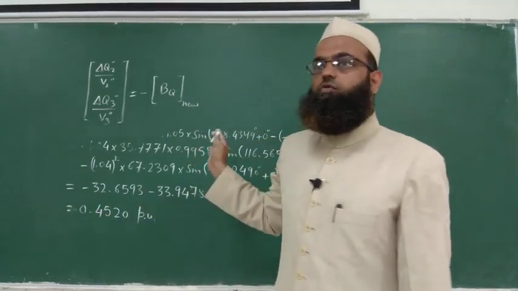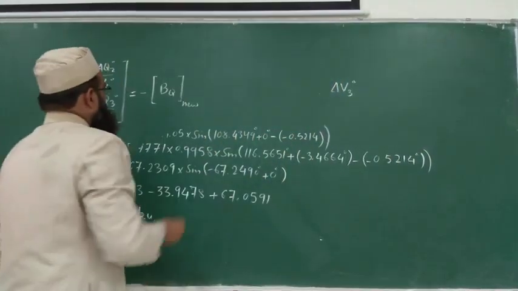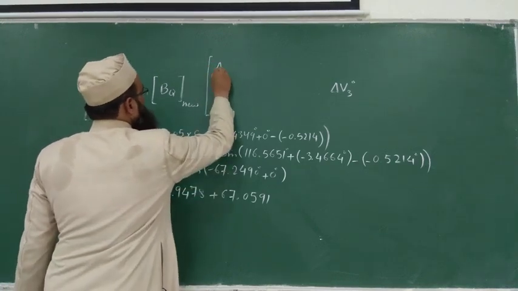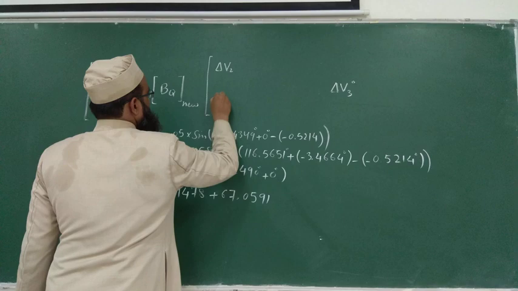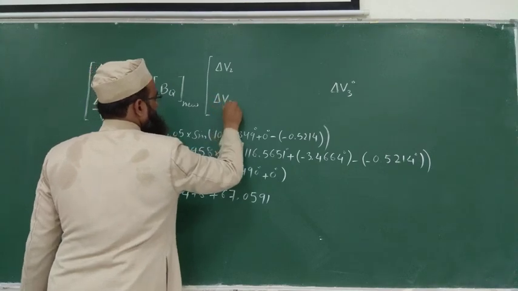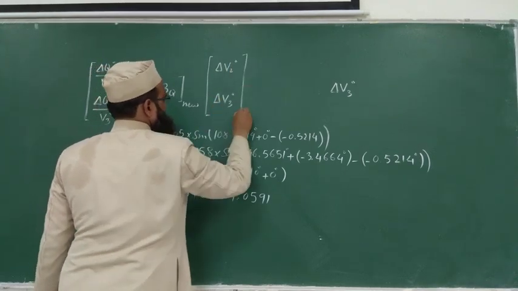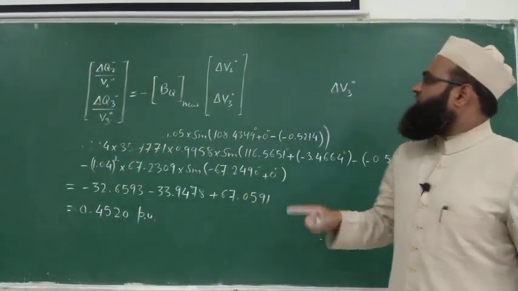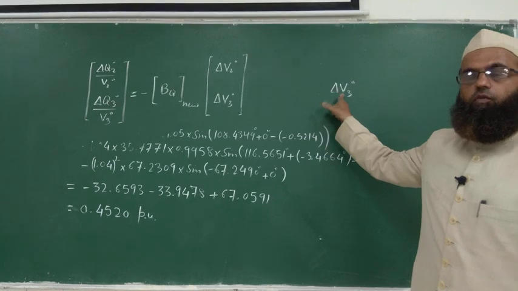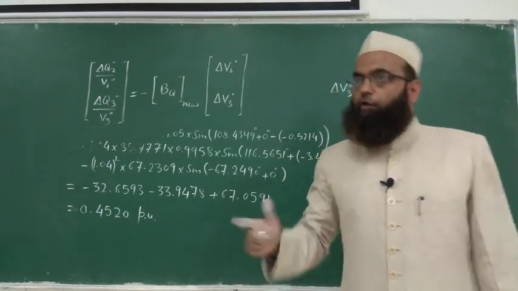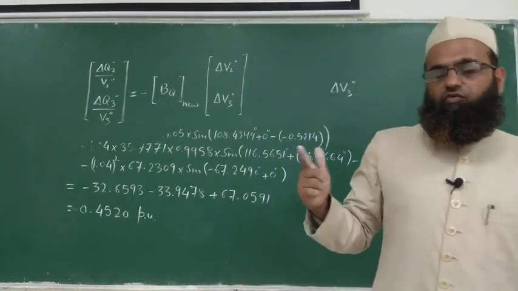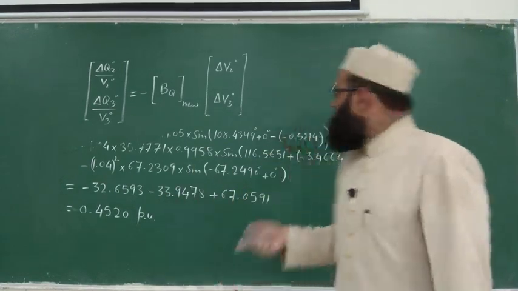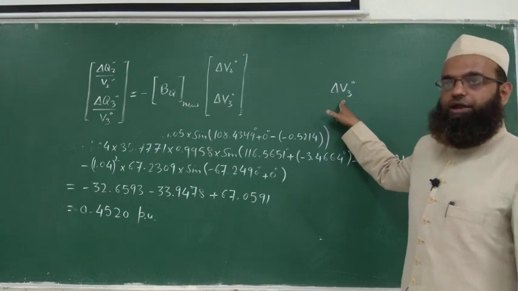So now it will be 2 by 2 order, and here the variables will be del V2 and del V3 0. Now you have to focus on this only. Once bus number 3 has violated its Q limits, that's why it has been treated as PQ bus, hence del V3 0 will be required to be evaluated.